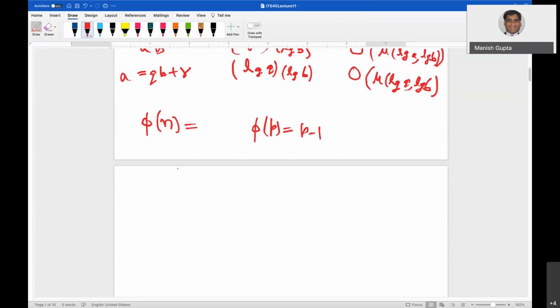Then there is a very fundamental result which says that a raised to the power phi n is congruent to 1 mod n. This is a very important result, related to finite fields as well, as a specific case.